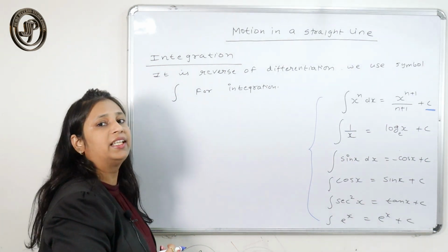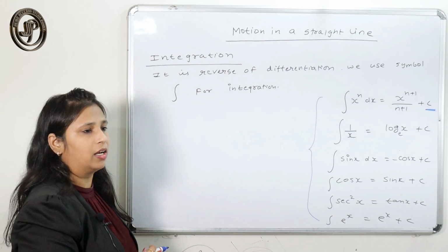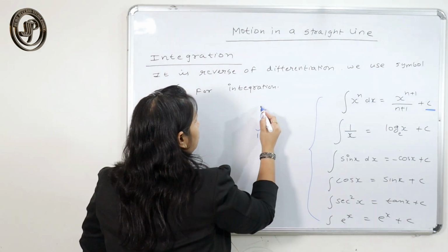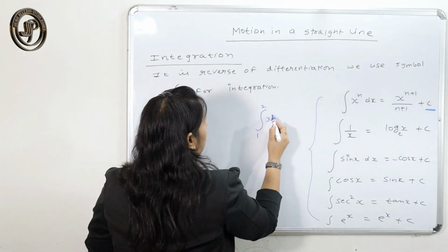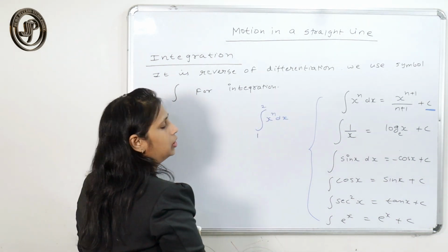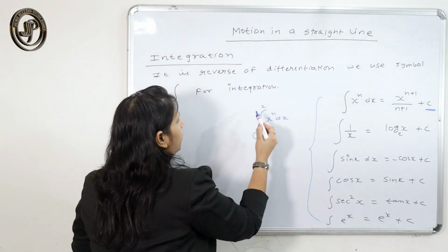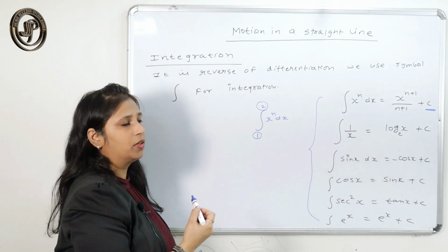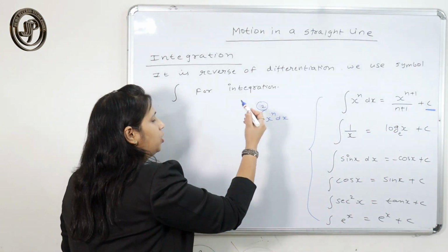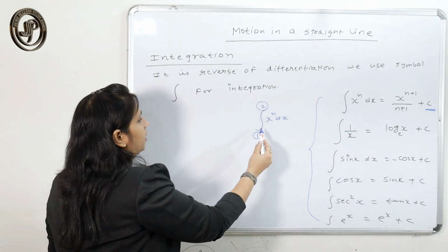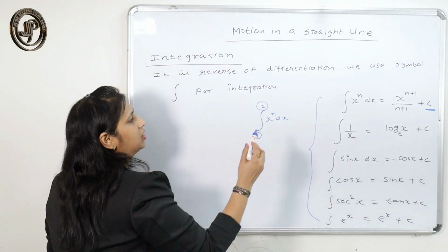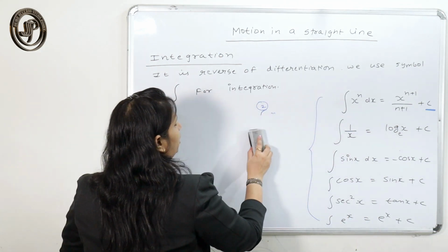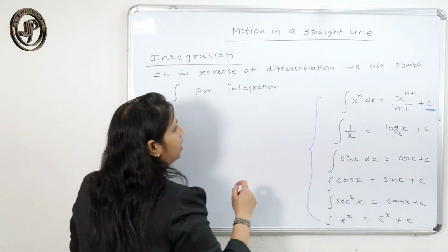What we are seeing here is an indefinite integral. If it is a definite integral, you will get the limit, for example the value of x going from 1 to 2, and in the answer you need not put c. But here we are just doing indefinite integrals.